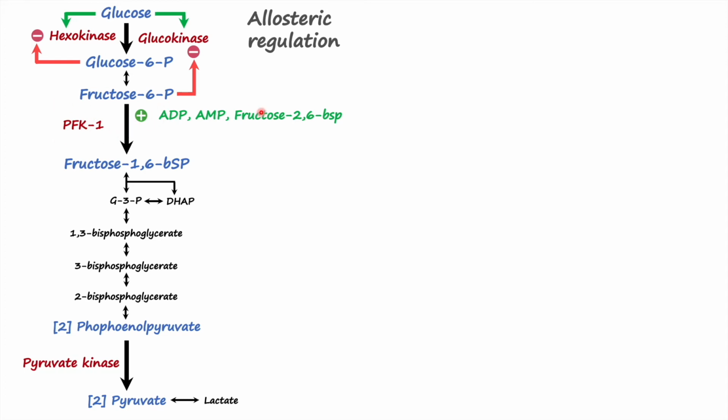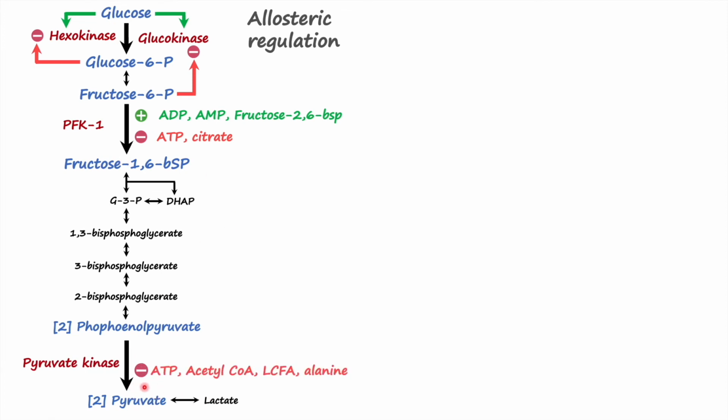And also I forgot to mention that fructose 2,6 bisphosphate is also a potent allosteric activator of the PFK1 enzyme. Now when cells have an abundance of energy, there is an accumulation of ATP and citrate inside the cells. This results in the allosteric inhibition of the PFK1 enzyme, hence the rate of glycolysis is reduced.